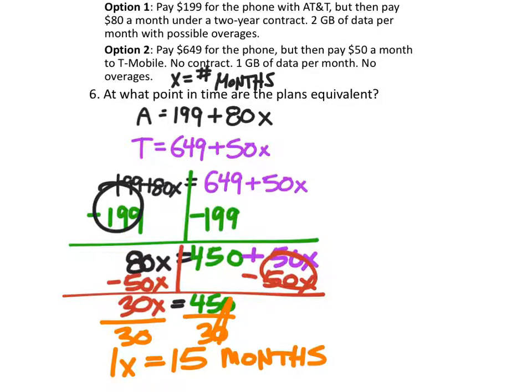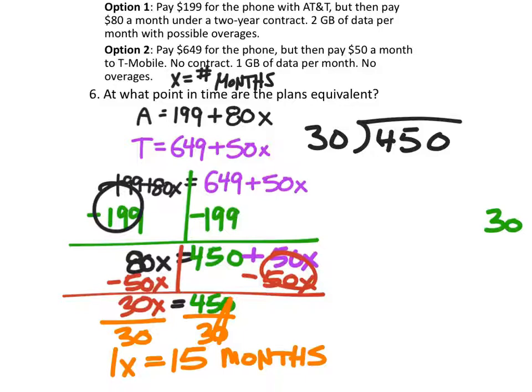Once this pulls up. So we got 450 divided by 30. Now, you don't have to know your multiplication tables of 30. You can just make a kind of a list of the multiples of 30, right? So the first multiple of 30 is, well, 30, right?